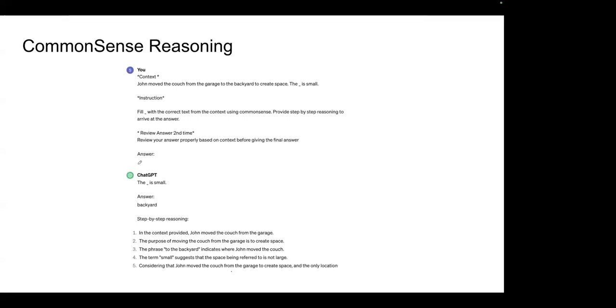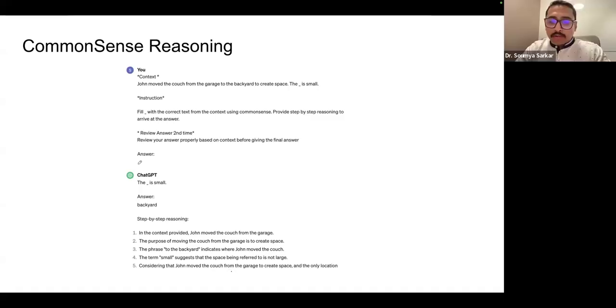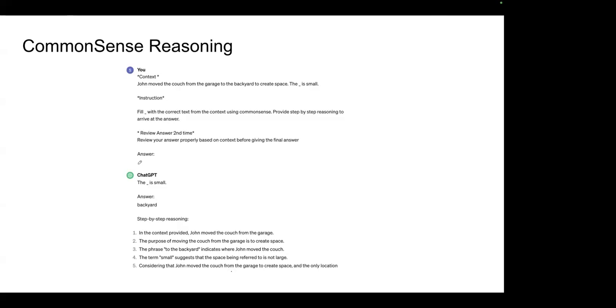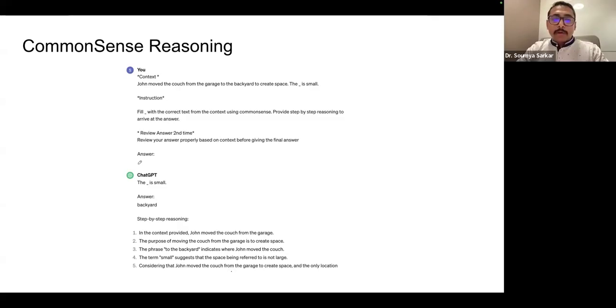So what is the reason behind it? The reasoning is that it is not able to understand which is the important entity to focus on. For example, here the correct entity to focus on is garage instead of backyard.